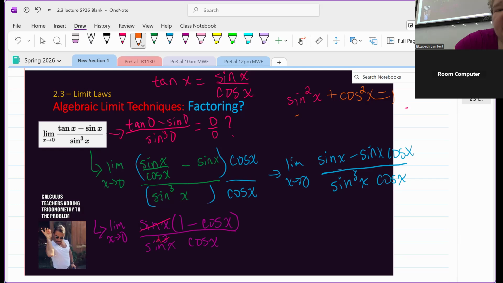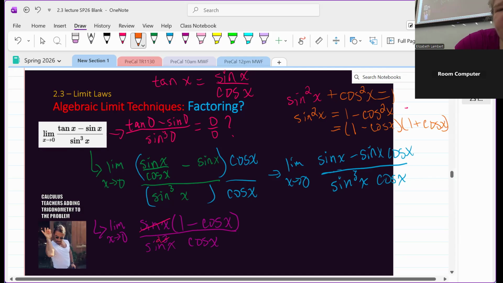So sine squared is the same as 1 minus cosine squared. But 1 minus cosine squared is a difference of squares. We can actually write that as 1 minus cosine x times 1 plus cosine x. So that's what we just got on the bottom, sine squared x, and now I'm going to trade it out for that.